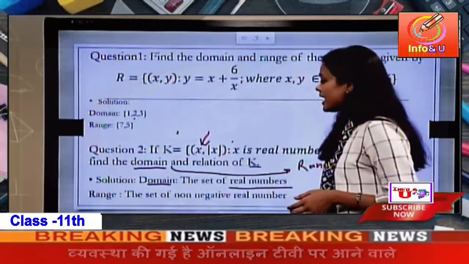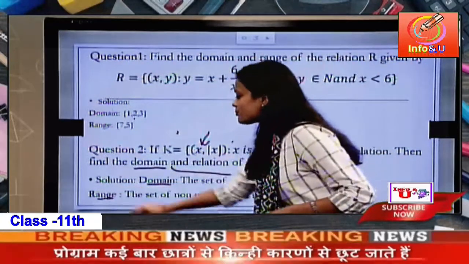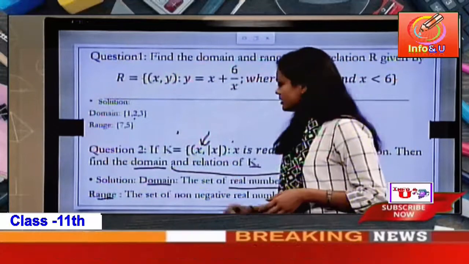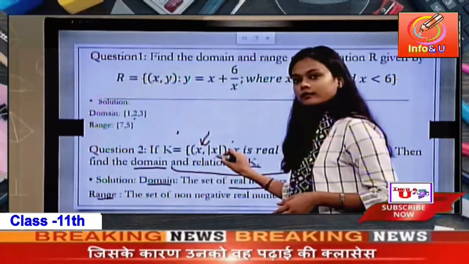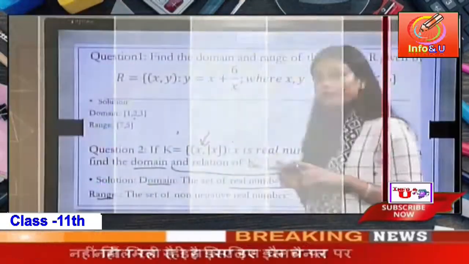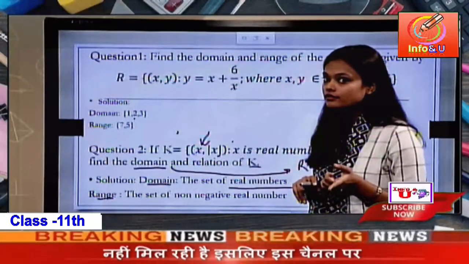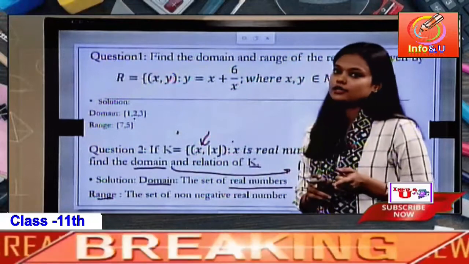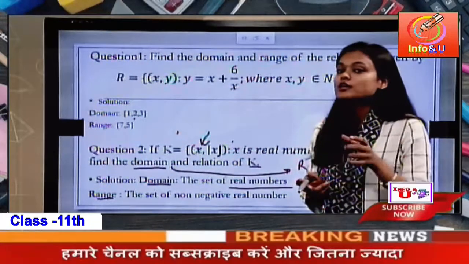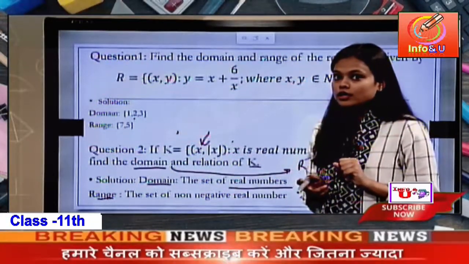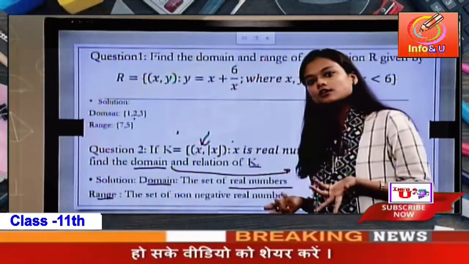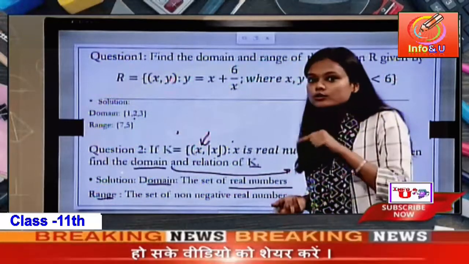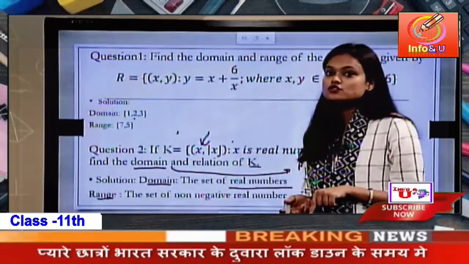And what will be the range? We can see from here, the set of all positive or non-negative real numbers. Think upon it. Why is this so? Because if we take 0, the modulus value of 0 is also 0, and 0 will also be there in the range.